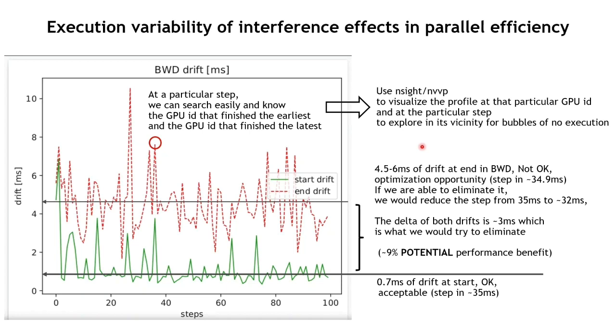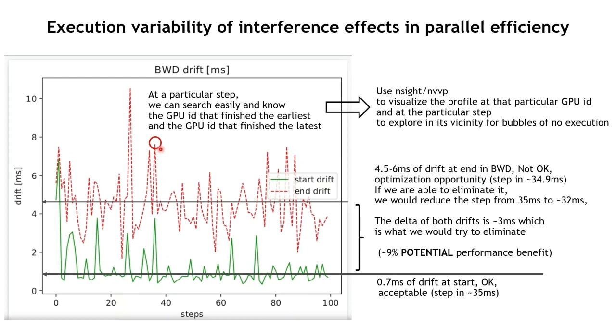In this chart, we can see the drift for the start and the end of the backward stage for each training step profile. We can pick a particular point of interest in the drift, like the one circled in the end of the backward stage, the red line, and get from it the pair of GPUs involved in the measurement of the drift.